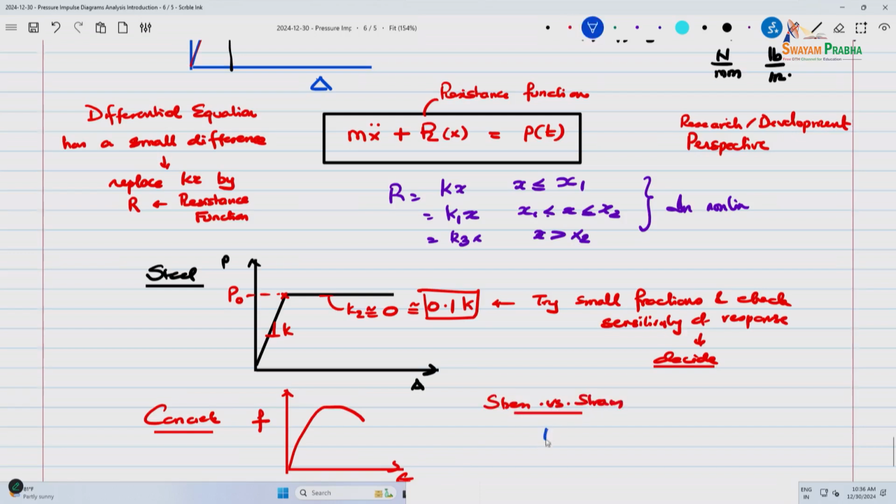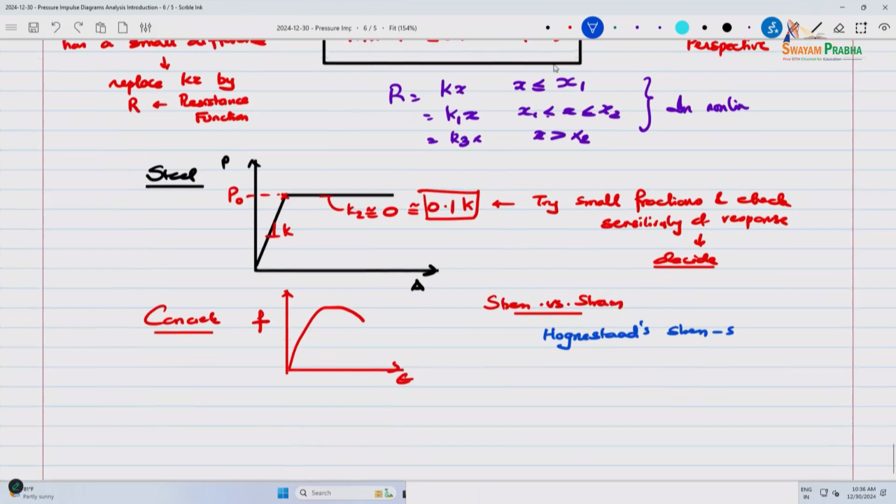A very commonly used one is the Hognestad's stress strain equation. Are you familiar with that? Some of you have not heard of it. It's basically an equational representation. Do you remember what it is, Kavi Rasu?